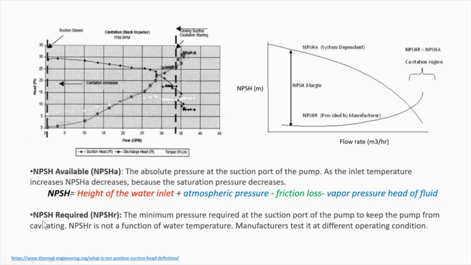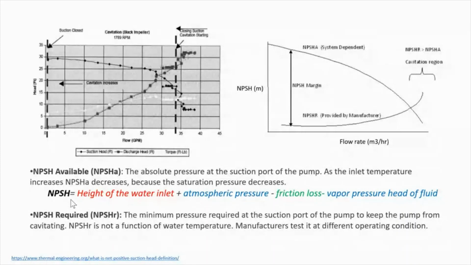But what is NPSH required? Remember the example, throbbing your hand in the swimming pool? You can define how many bubbles you're making with your hand movement by calculation. However, for practical purposes, that's a super complicated calculation. You don't want to do it.